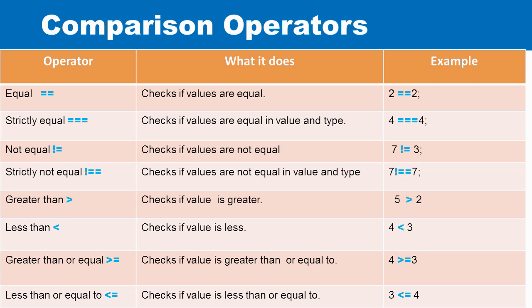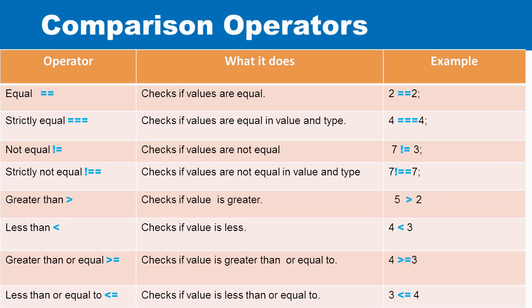If you want to compare that the values are strictly equal in both data type and value, you use the triple equal symbol. If you want to check if values are not equal, you use the exclamation mark and the equals sign. That will check if the values are not equal.